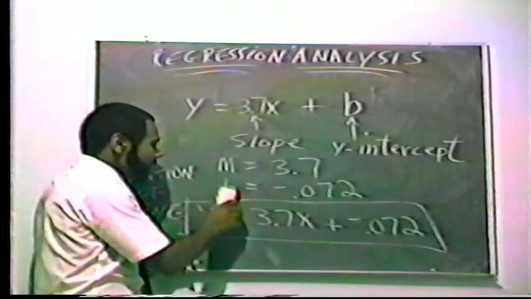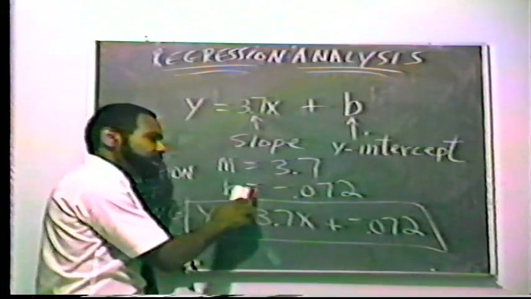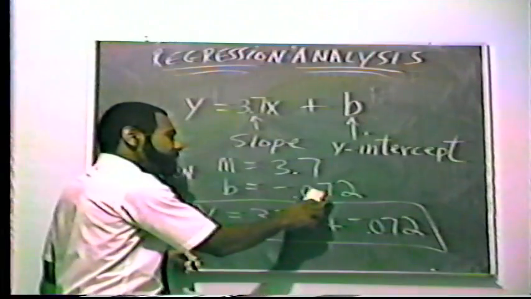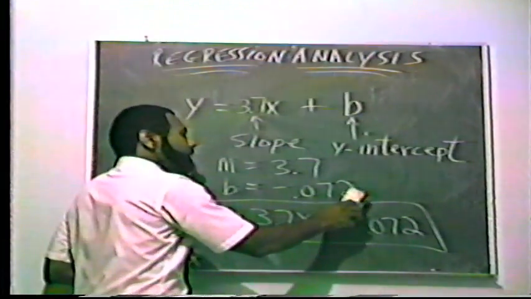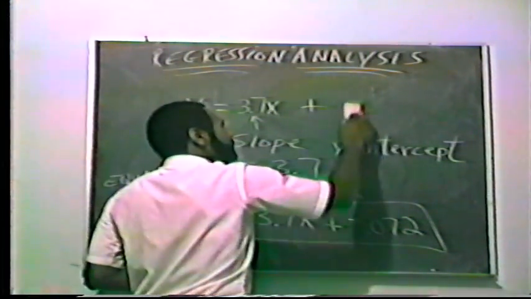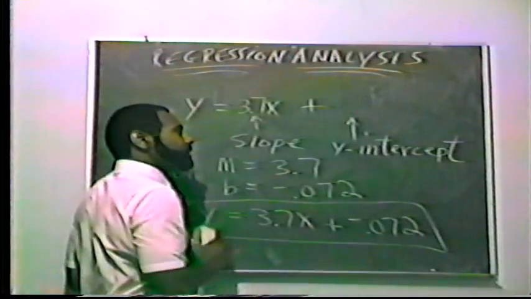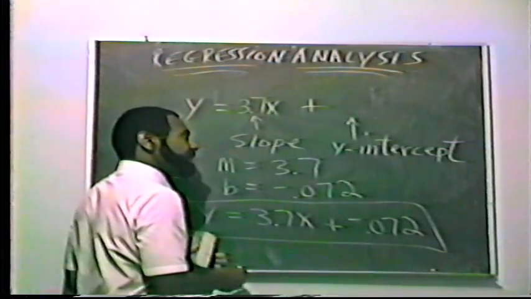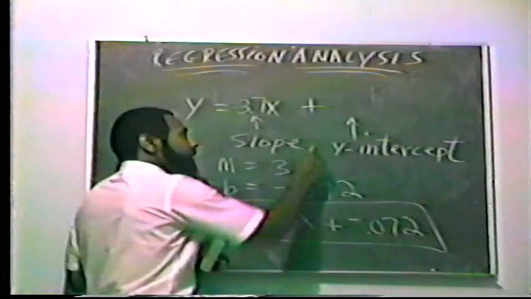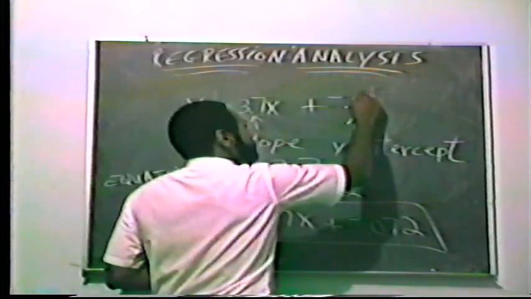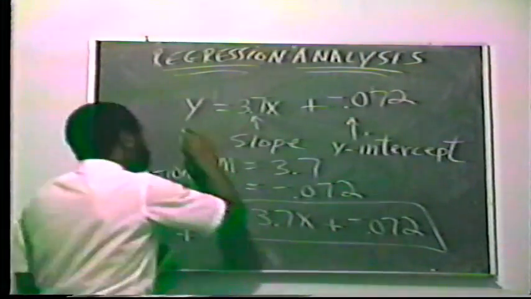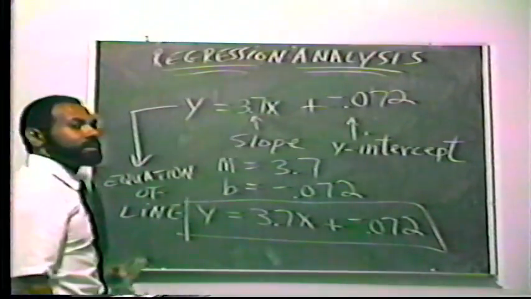If I tell you that the y-intercept b equals negative 0.072, you erase the b in this general equation, y equals mx plus b, and you replace it with the negative 0.072. And thus you have the equation of the line.